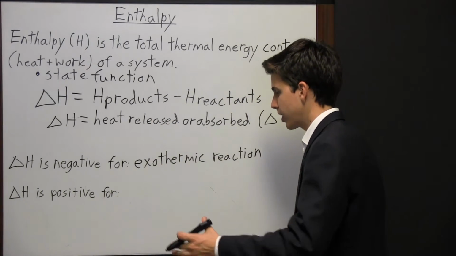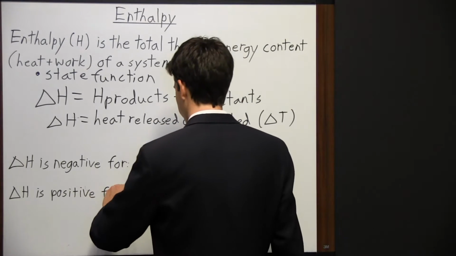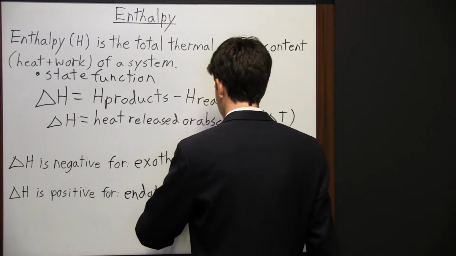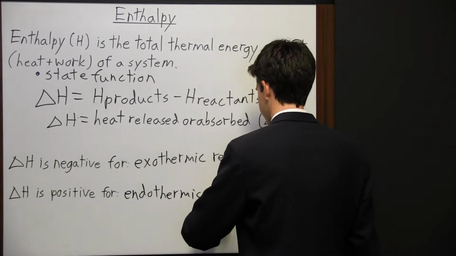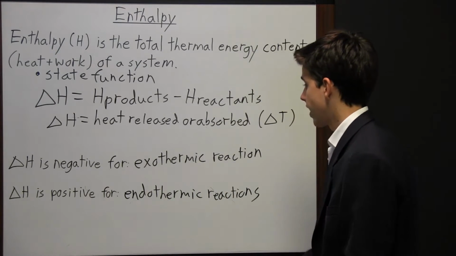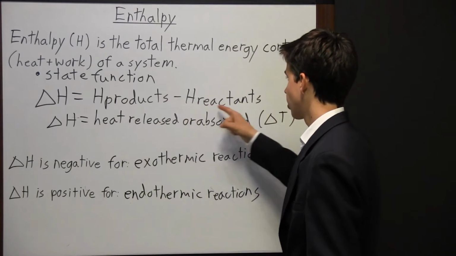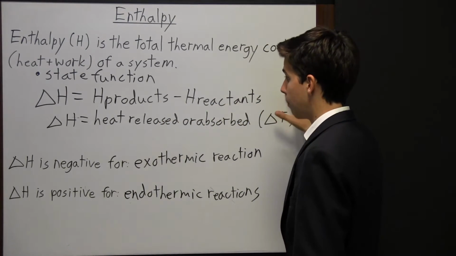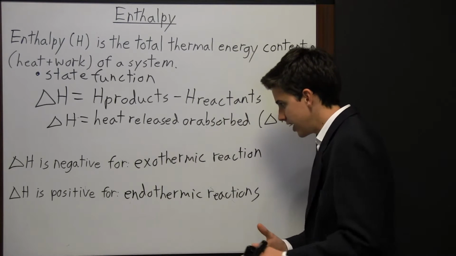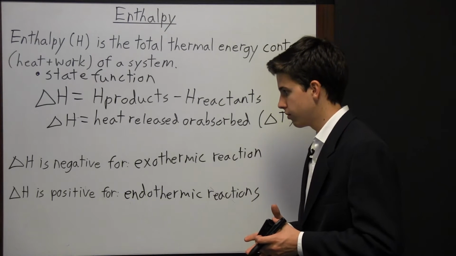Now, as you can probably guess, change in enthalpy is positive for endothermic reactions. And so here, that's when the enthalpy of the products is larger than the enthalpy of the reactants, creating a positive change in enthalpy. And so for an endothermic reaction, heat energy is being absorbed.